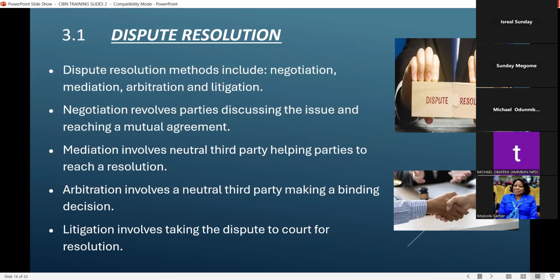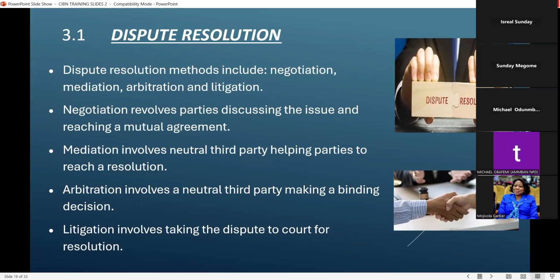Mediation involves neutral third parties helping parties to reach a resolution. Mediate, that's why they say, let me mediate. A neutral person that is not part of it. You will see that something happens. Say, okay, at this filling station, I bought fuel.